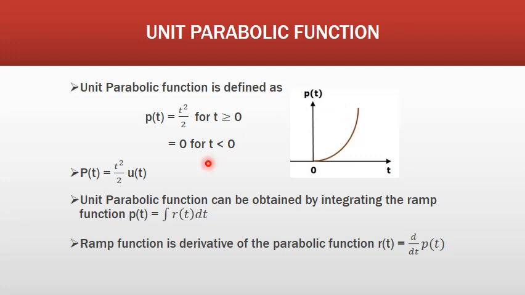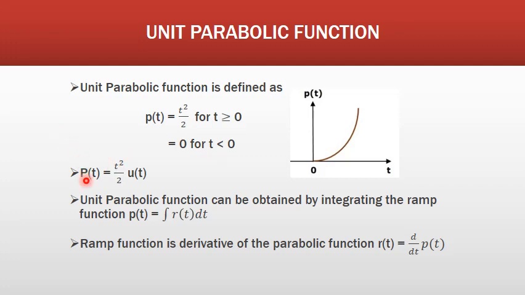For all the unit signals, amplitude A is equal to 1. Here also, if it is simply a parabolic signal, then it is denoted by p of t is equal to a t square by 2. But we are discussing unit parabolic function for which a is equal to 1. So it is given that p of t is equal to t square by 2.